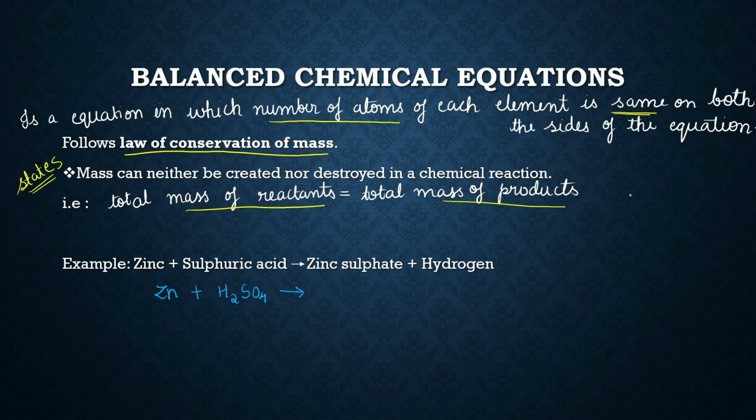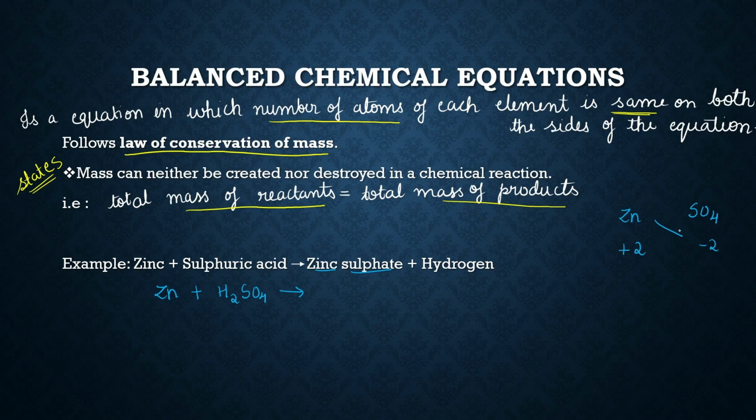In order to write the formula, let's study one method, that is the crossing over the charges method. Here you will first write the cation and next you will write the anion part of the compound. In this case, zinc is the cation and sulfate is the anion. Then you will write its cationic valency and anionic valency. Zinc has the cationic valency of +2 and sulfate has the anionic valency of -2.